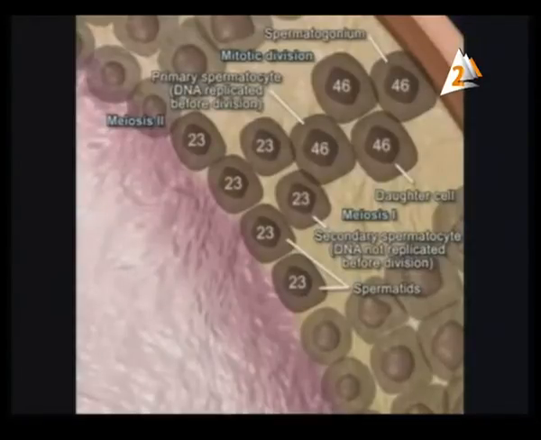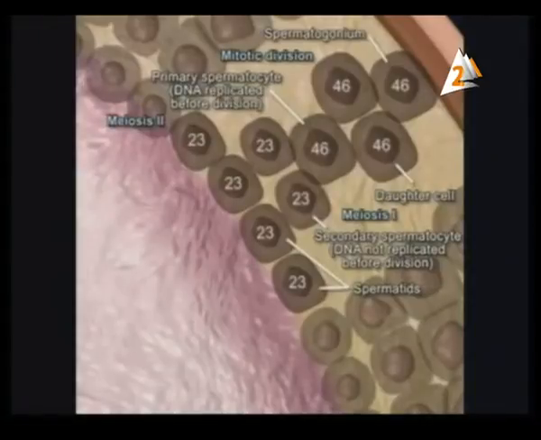The third phase is maturation. In this stage, the spermatocytes are called primary spermatocytes, which are diploid, as you know. They undergo another type of division, called meiosis, and this meiosis takes place in two steps. That's why we call the first one meiosis 1.